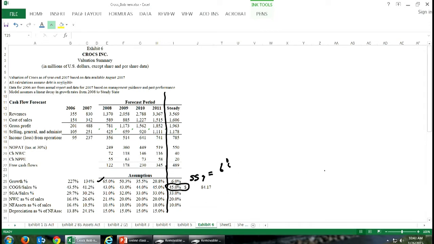Now, if we go back down here, we calculate a terminal value.